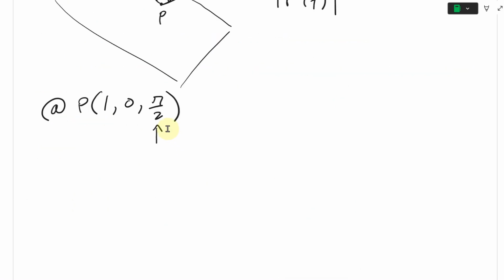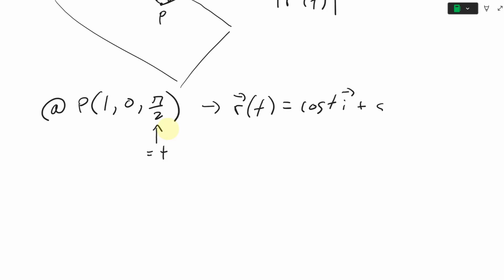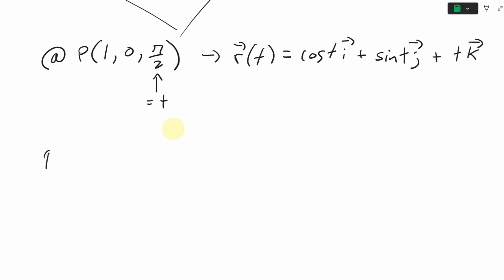Again, we have r of t, the vector function, which equals cosine t i plus sine t j plus t k, like that.